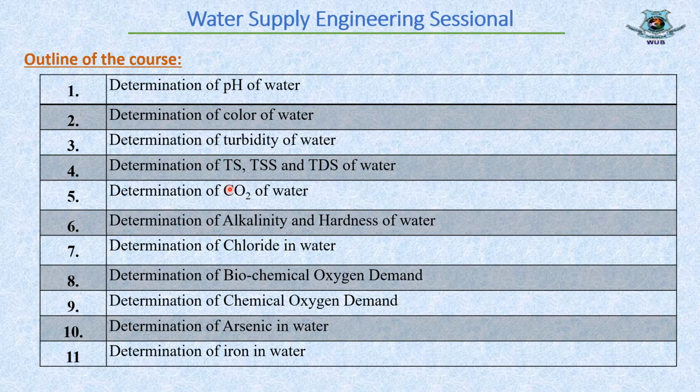In this course, we will perform the following laboratory analyses: determination of pH of water, that means determination of potential of hydrogen of water, determination of color of water, determination of turbidity of water, determination of total solids, total suspended solids, and total dissolved solids of water, determination of carbon dioxide of water, determination of alkalinity and hardness of water, determination of chloride in water, determination of biochemical oxygen demand, determination of chemical oxygen demand, determination of arsenic in water, and determination of iron in water.